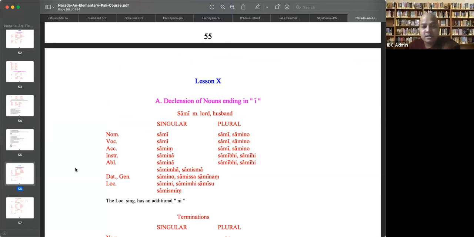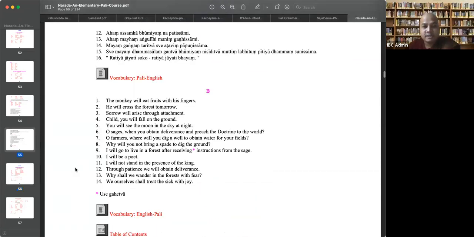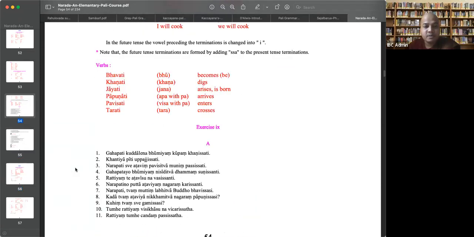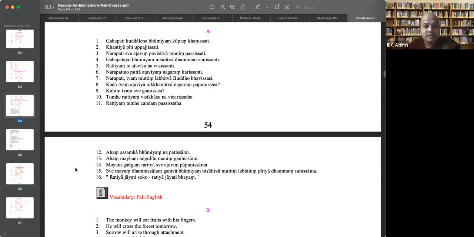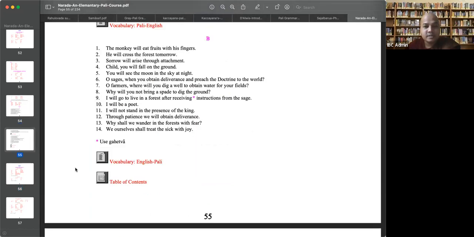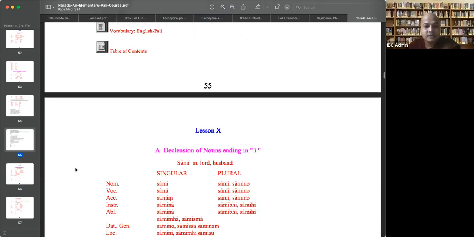We have actually covered a lot of things, I don't know how much you can remember and follow until now, because there are many declensions of nouns and conjugations of verbs that you need to keep in mind now.